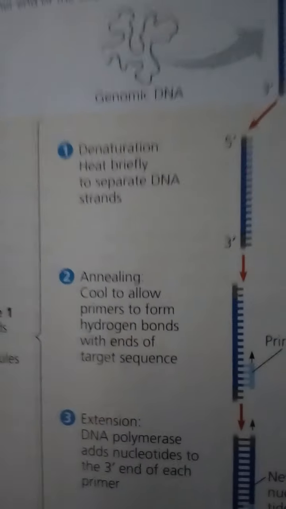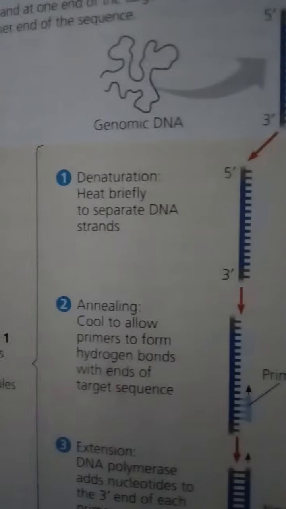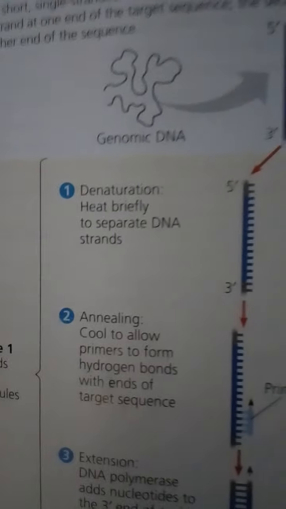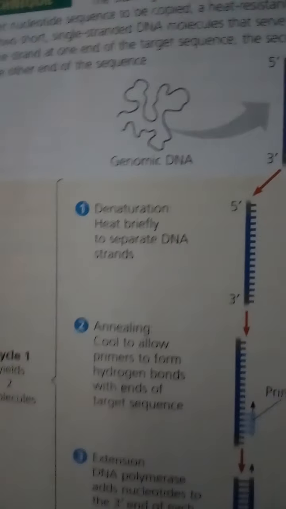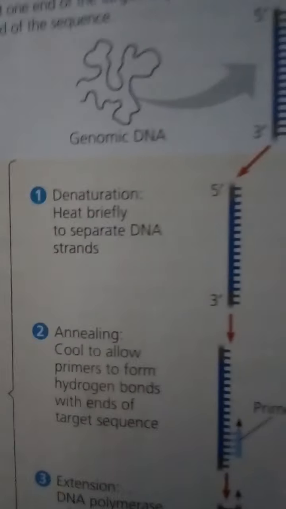Another reason to use eukaryotic host cells for expressing a cloned eukaryotic gene is that many eukaryotic proteins will not function unless they are modified after translation, for example, by the addition of carbohydrate or lipid groups.